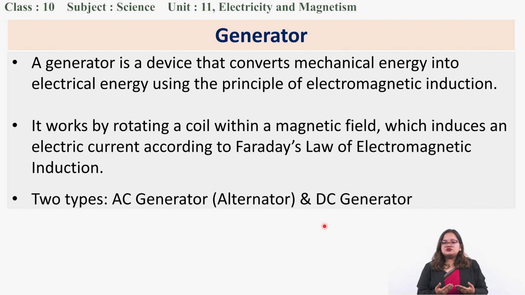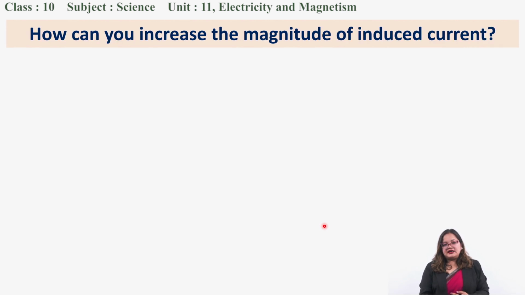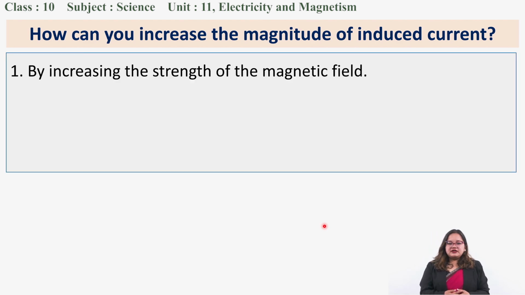Basically, there are two types of generator, AC and DC generator, which we will be studying in today's class. Before that, let us again revise how we can increase the magnitude of induced current. First, if we increase the strength of the magnetic field, the magnitude of the induced current also increases.